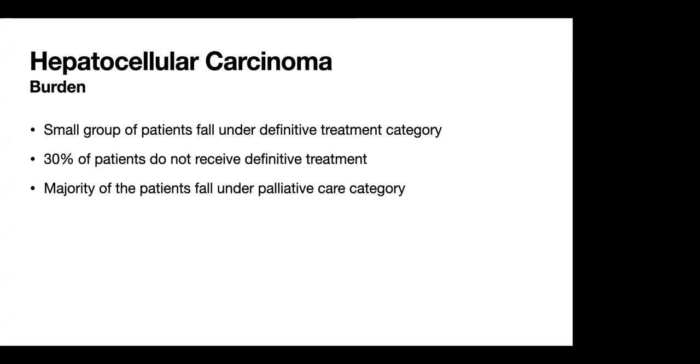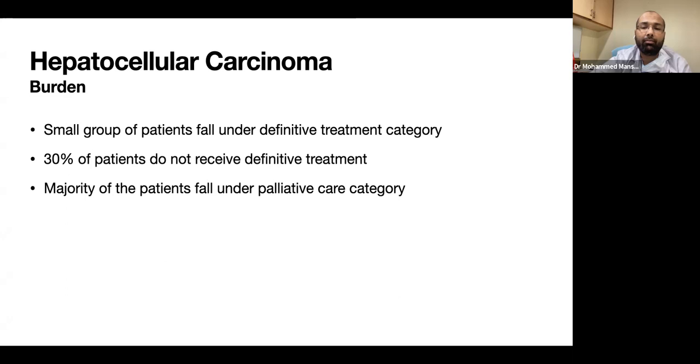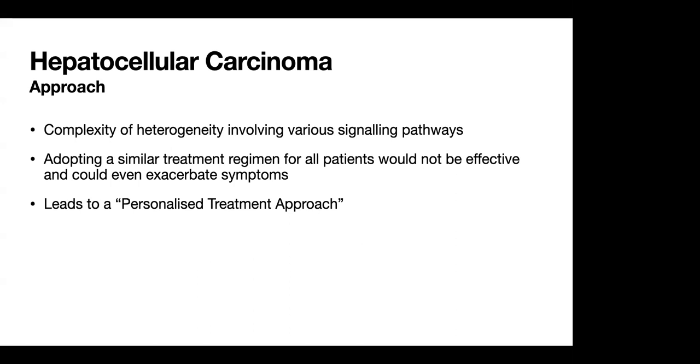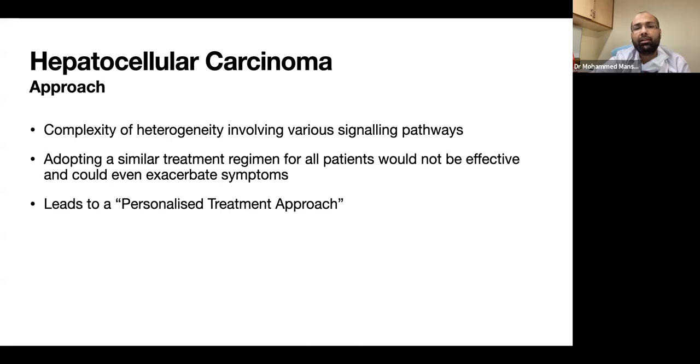The majority of them fall under the palliative care category. So what should be the approach? Because of the complexity and heterogeneity of the disease, which involves various signaling pathways, we cannot adopt a similar treatment regimen for all patients. That will not be effective, and it could even make matters worse.